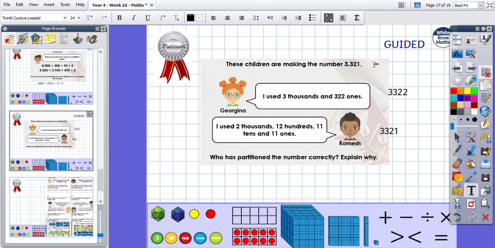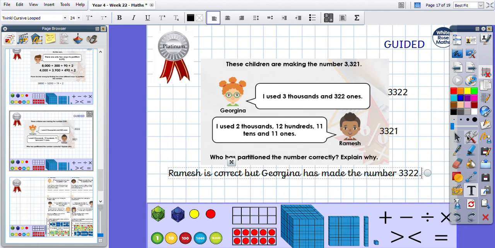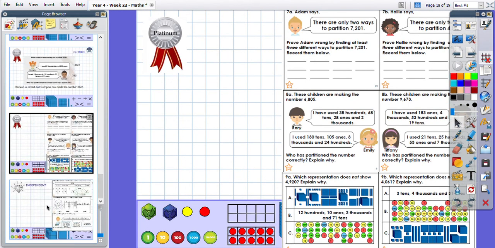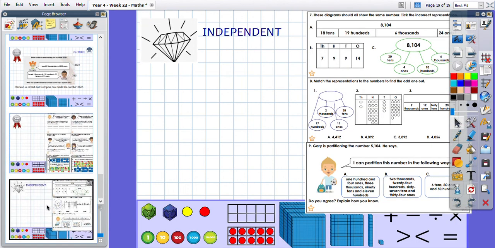Let's have a look at the number then, 3,321. Well, Georgina isn't right, but Ramesh is. Ramesh is correct, but Georgina has made the number 3,322. Okay, so here are your platinum questions, independently getting on with those. And when you've finished, you can move on to look at your diamond challenge today.